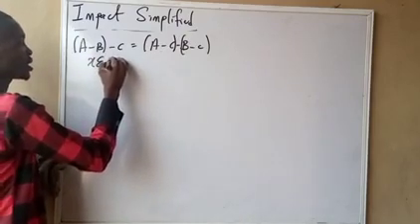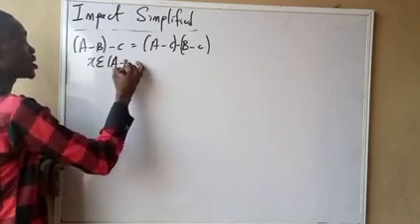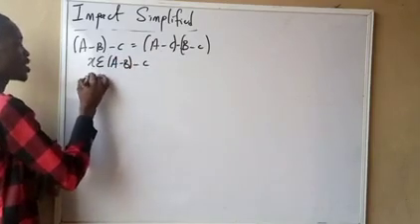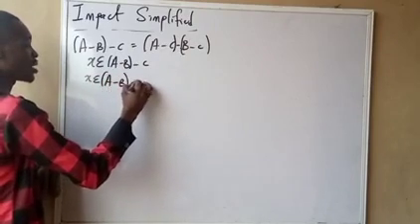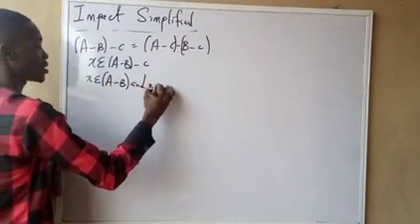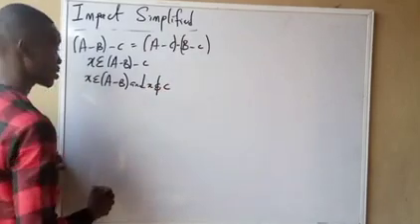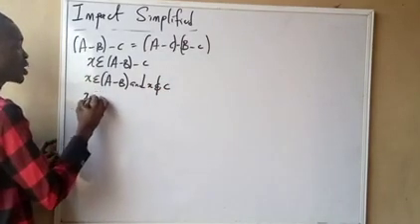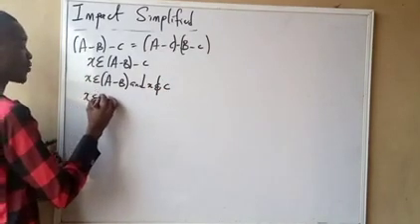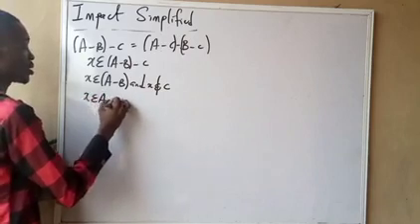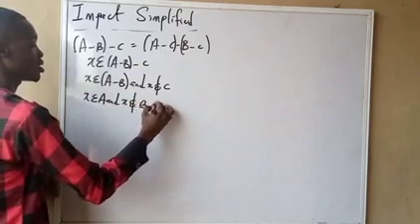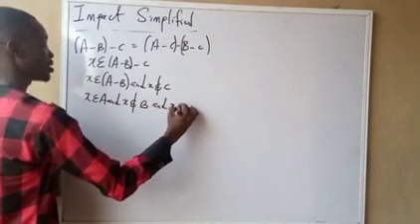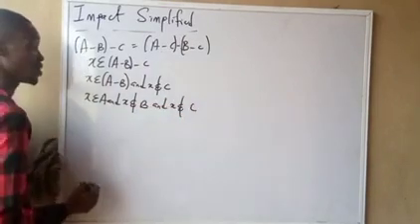That will give us x is an element of A minus B minus C. And this will give us x is an element of A minus B, and x is not an element of C. This will give us x is an element of A, and x is not an element of B, and x is not an element of C.